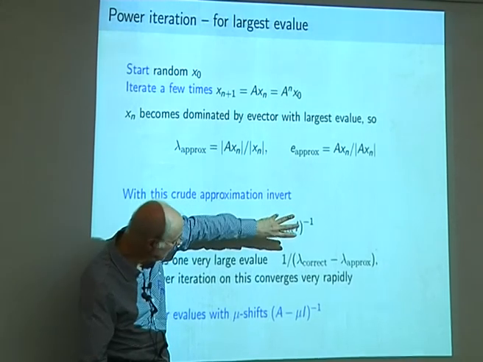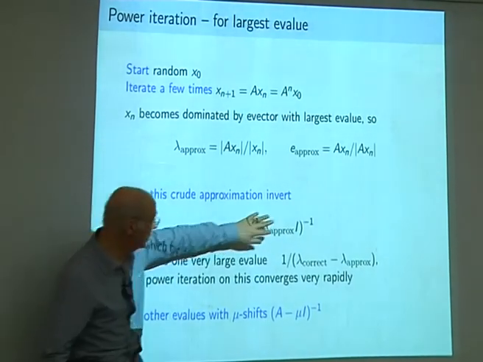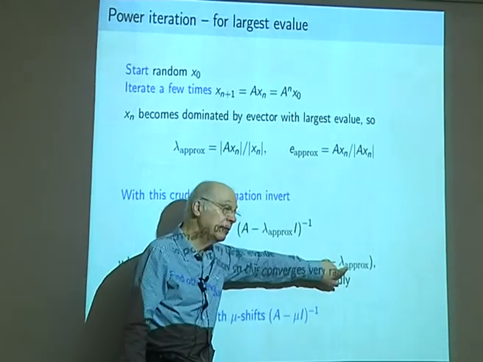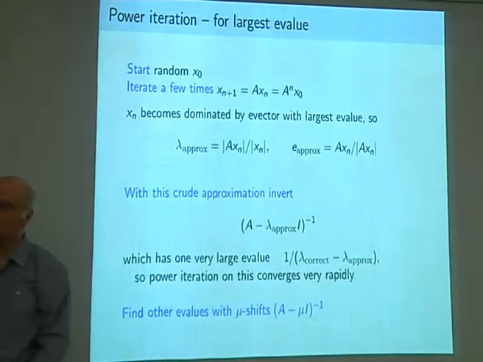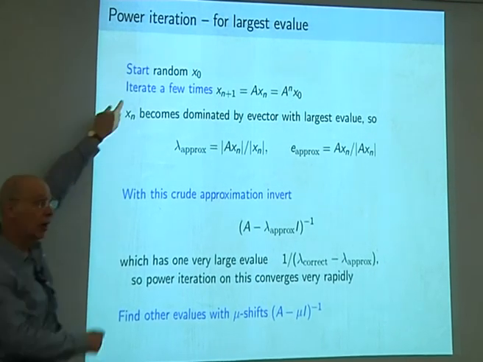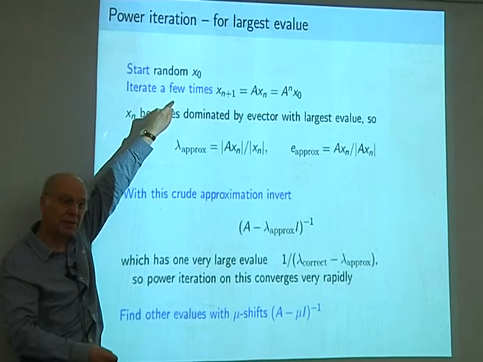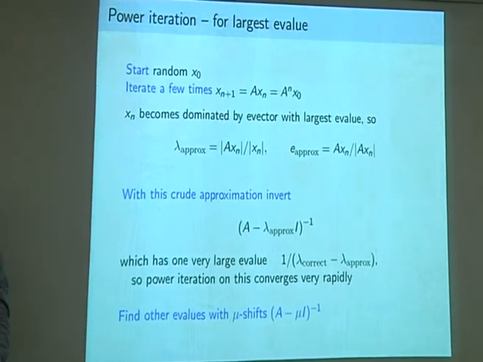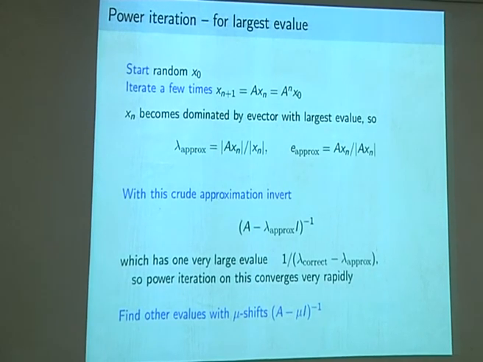So if I invert it, I have an eigenvalue of this inverse matrix, which is 1 divided by the correct lambda minus the approximate one. That's an enormous eigenvalue. So if I now play this trick of iterating a couple of times, this enormous eigenvalue will dominate, and I'll get the new eigenvector to high accuracy very quickly. Okay? That's the way of getting the biggest eigenvalue.